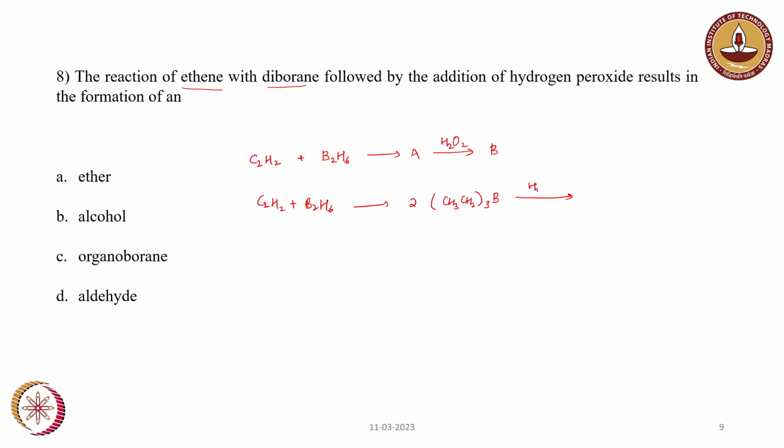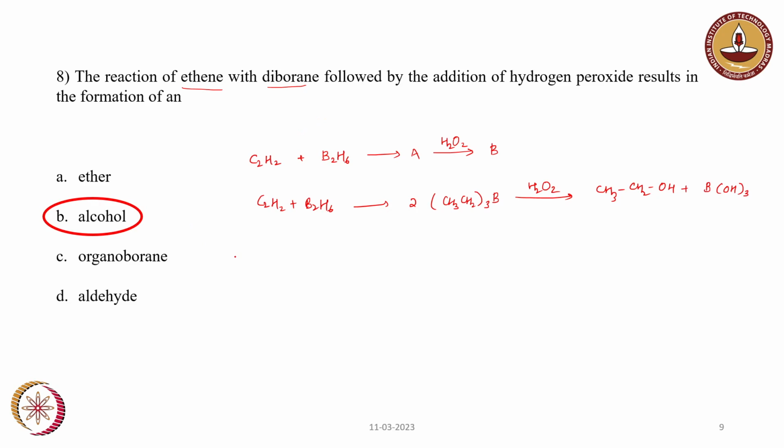So we use hydrogen peroxide, it will give ethanol CH3CH2OH and boric acid. So option B is the answer.